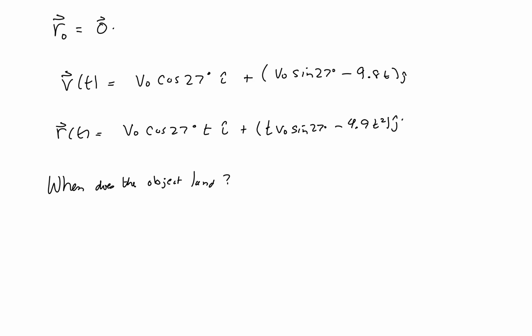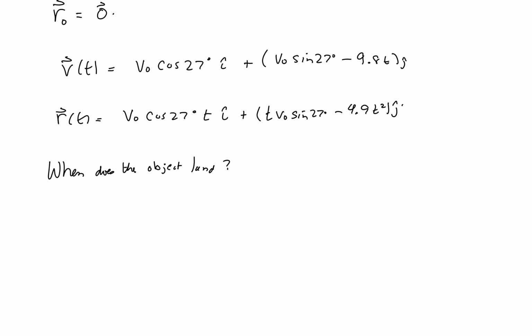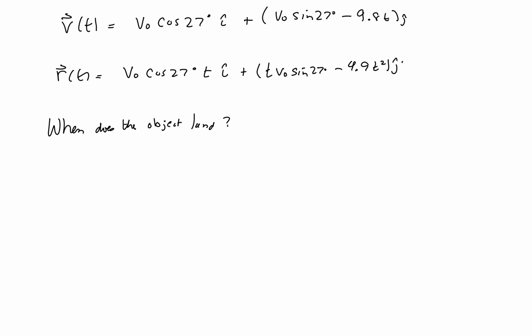Well, we know it lands when it's moved 120 meters in the x direction, and when the y value, or the j component there, is 0. So this is going to be, we know v0 cosine 27, and let's put the t out front, and let's call it t0 for the landing time.